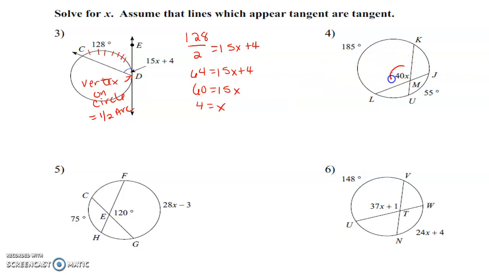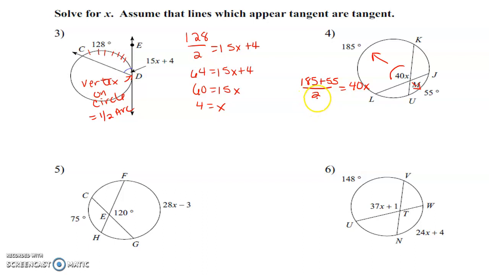Okay, so I'm here, captured arc, vertical angle with the captured arc. So I'm going to add my arcs together, divide by 2, and it equals my angle measure. Okay, so 185 plus 55.